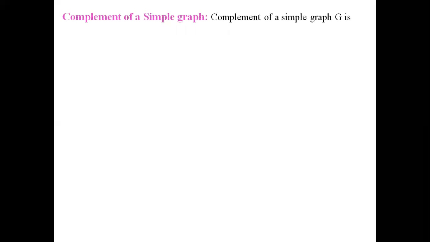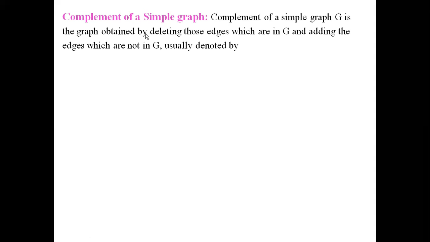Next, we have the complement of a simple graph. The complement of a simple graph G is the graph obtained by deleting those edges which are in G and adding the edges which are not in G. So we obtain the complement of a simple graph by deleting all those edges which are there in G and adding the edges which are not in G, and it is usually denoted by G bar.